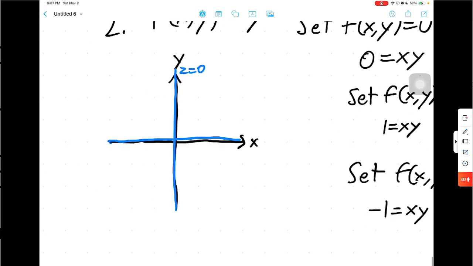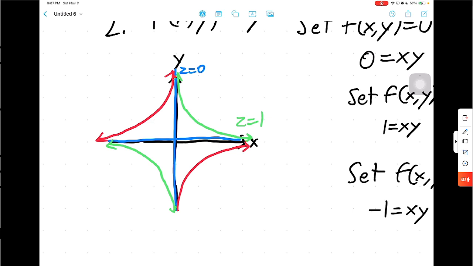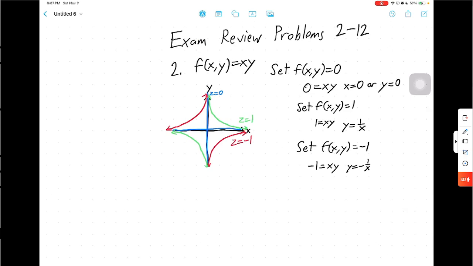Alright, so the green one is going to be like this. This is z equal to 1. And then outlined in red is going to be the negative 1. Like this. z is equal to negative 1. Like so.